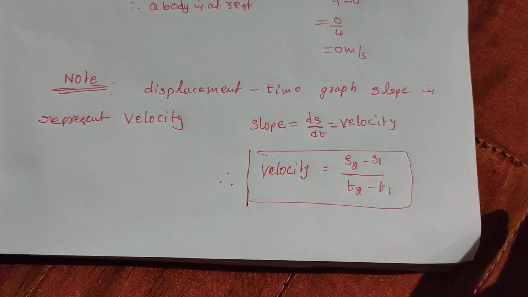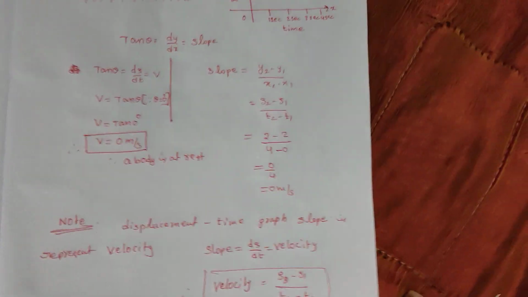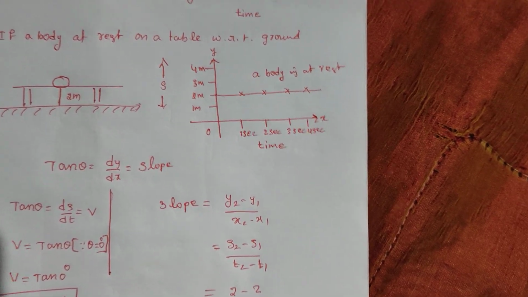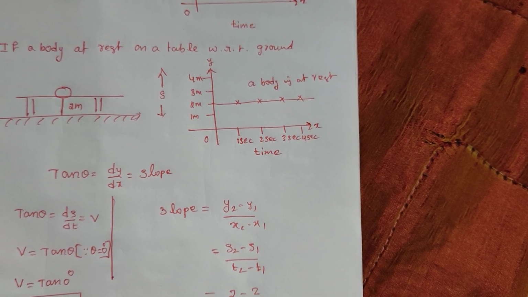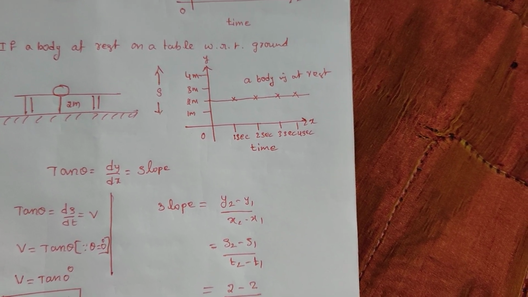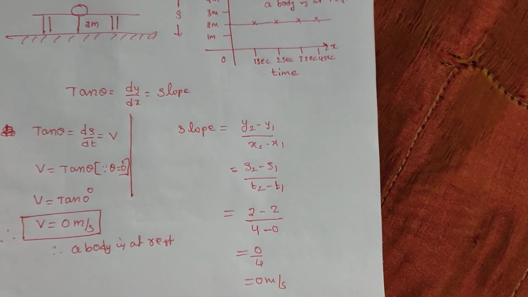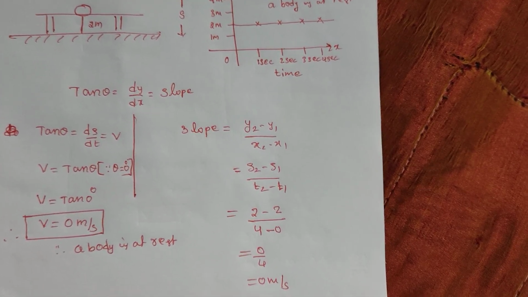Understood? Do you have any doubt? No doubts for you. What is the slope angle for this graphical representation? 0 degree. Tan 0 degree value is equal to 0. Therefore velocity is equal to 0. Then we identify that the body is at rest.